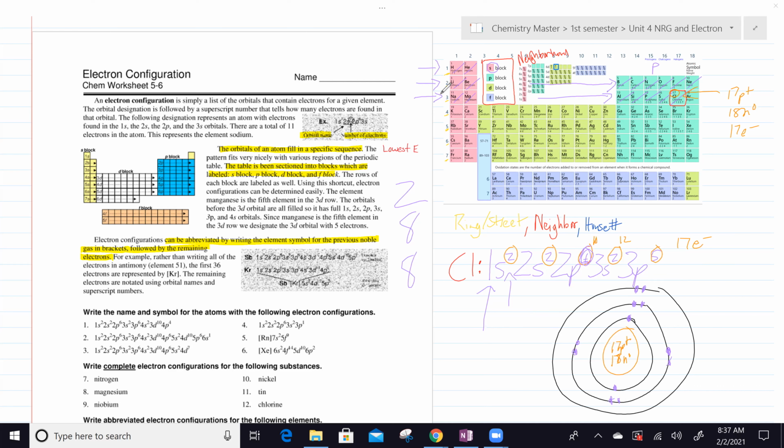Let's say those are shaped like that. 3p5, 1, 2, 3, 4, 5. That's exactly how your Bohr diagram would look for chlorine. So that's the connecting piece. It's just telling you the shape of the electrons on this ring, and how many you have.